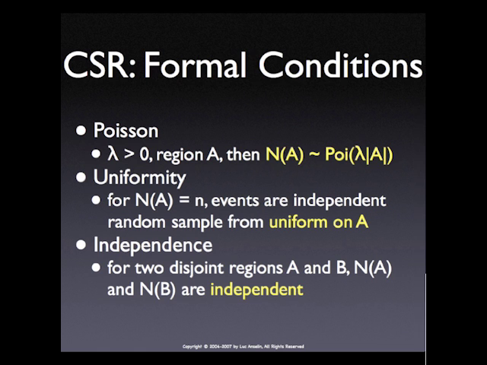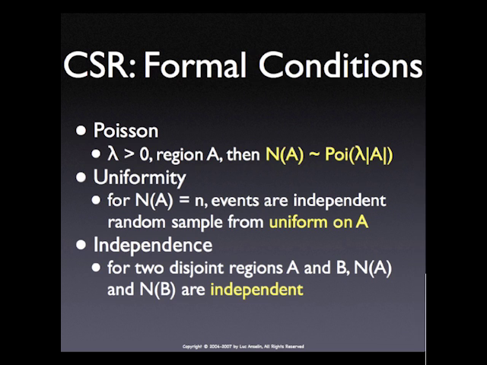And the uniformity means that for a given number of events, and we'll use this in the simulation in a few minutes, then for all practical purposes, the events, their locations, are a random sample from a uniform distribution.